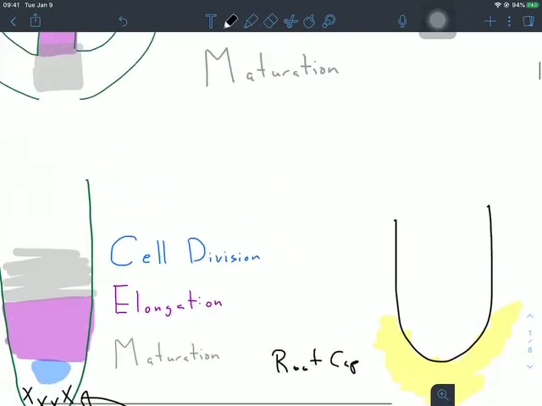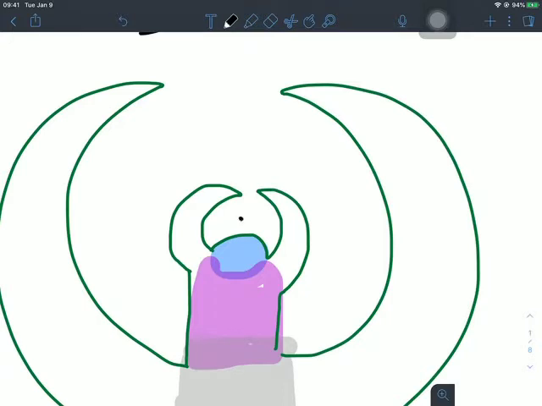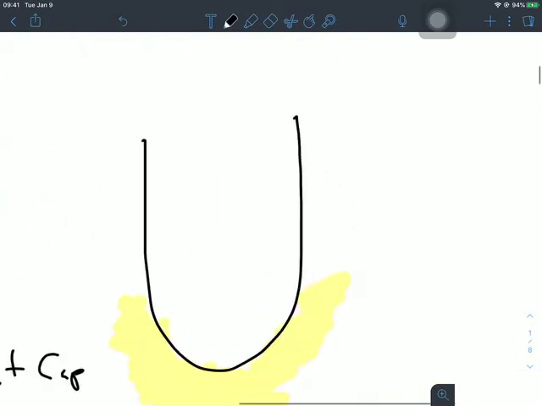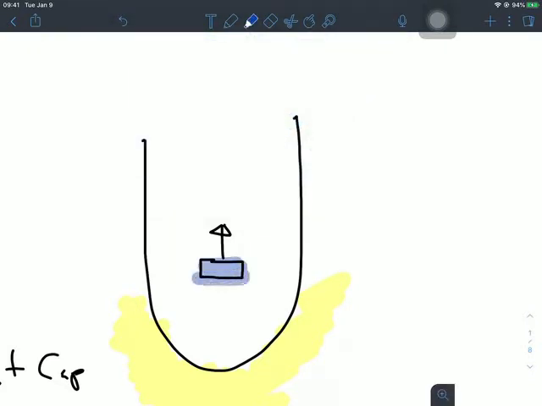Whereas in your shoot apical meristem, the tunica divided anticlinally, and the corpus, L3, divided periclinally, as well as some anticlinal division. In your root apical meristem, you are going to get division heading backwards after your region of cell division being held in just this small space.